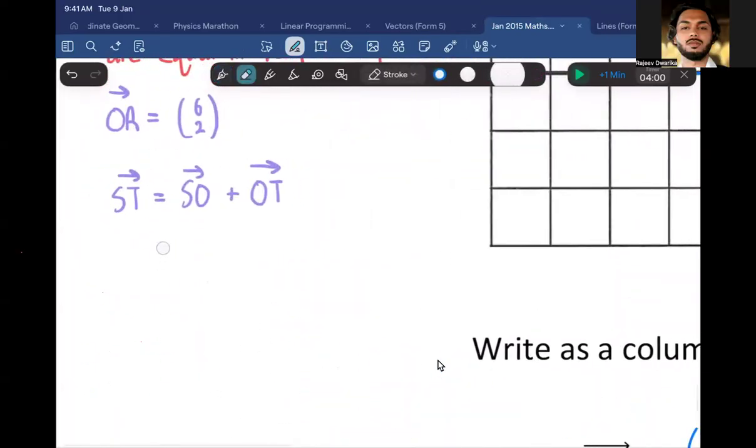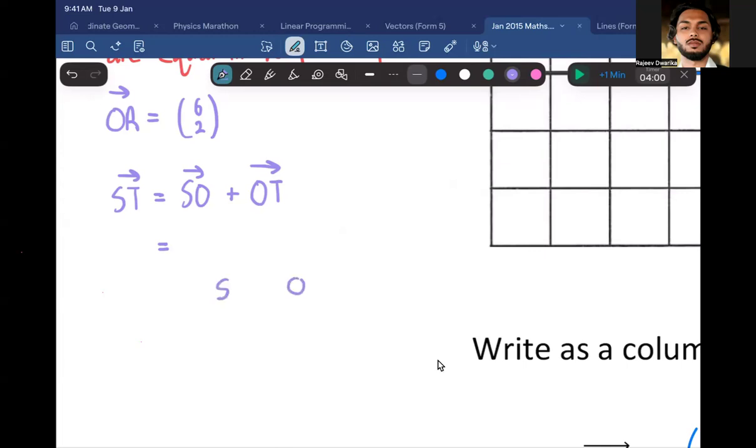It's not the same thing, but you could write it in terms of OS. So SO would just be what, if you're writing it in terms of OS? I don't know. I'm confused. Okay. So Mira, in vectors, if you change direction, you change it by a negative sign.